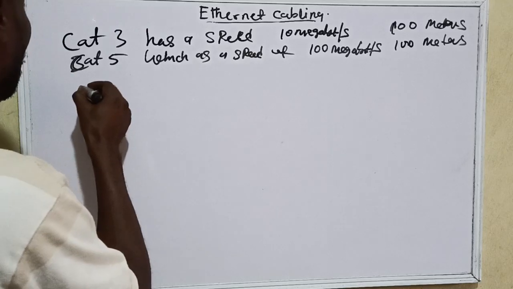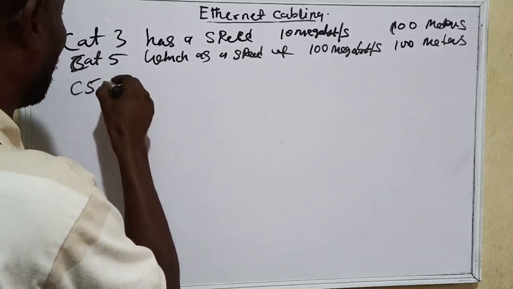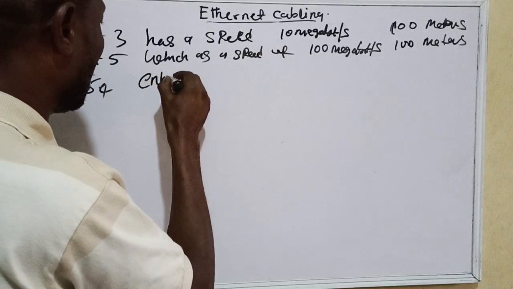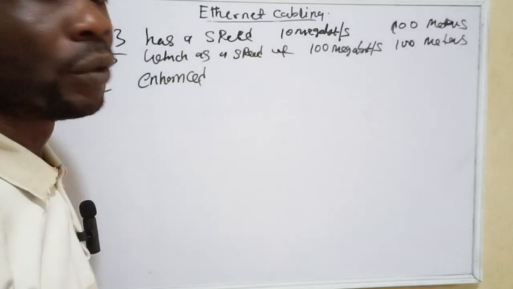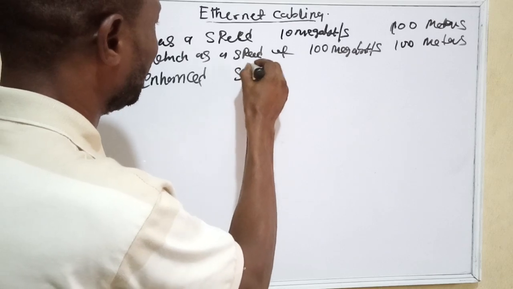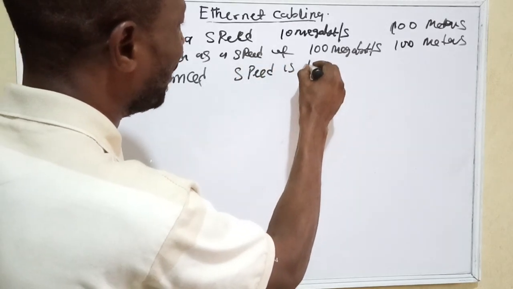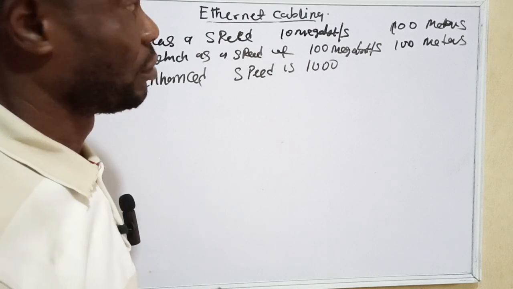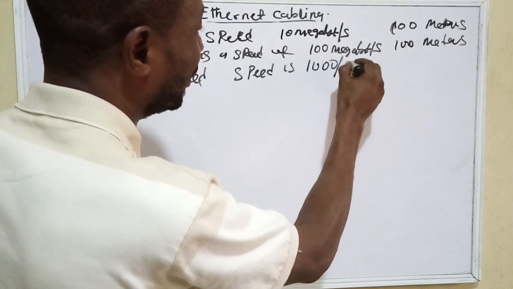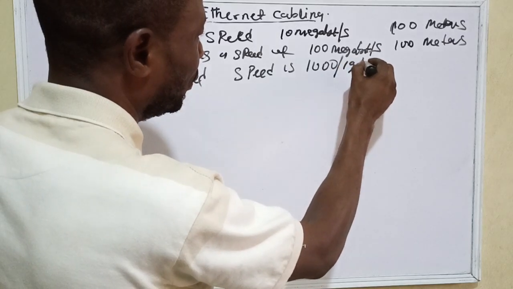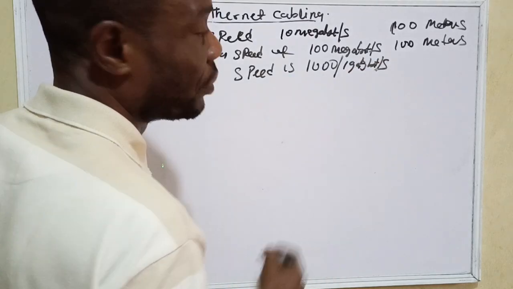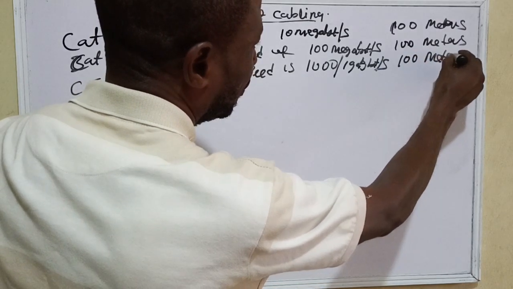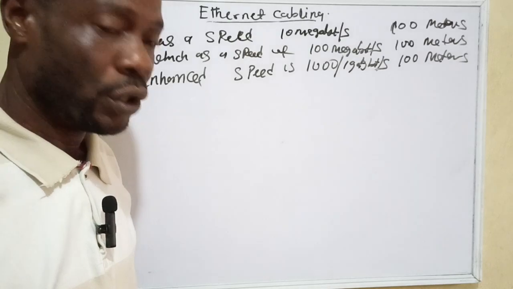Now another one is Cat 5e. This E means enhanced, Cat 5 enhanced, which has a speed of 1 gigabit, that is 1000 megabit per second, and a range of 100 meters from switch to computer.